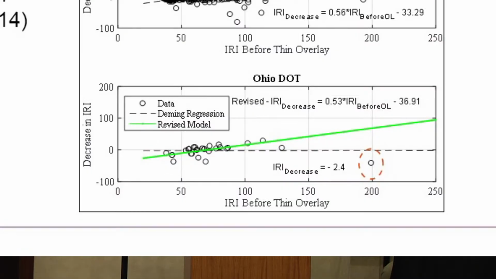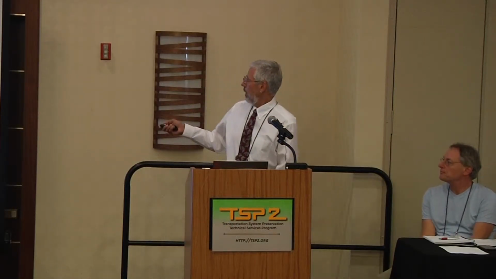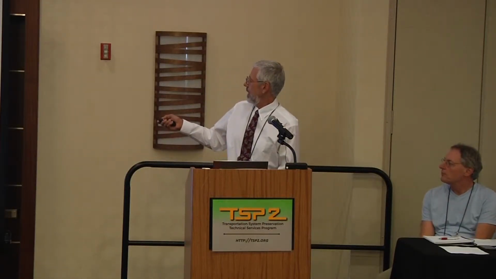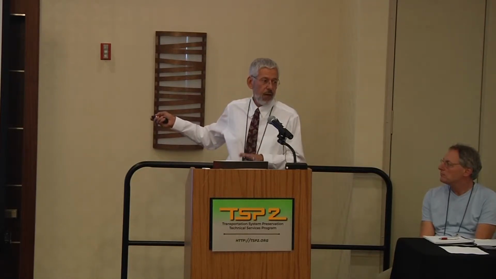If you take that point away, you get this green line, and that green line is almost identical to what we got from the Virginia DOT to what we got from the LTPP data, and that's very important. Second important point to look at here is that the worse the condition in terms of IRI before the thin overlay, the greater the decrease in IRI.